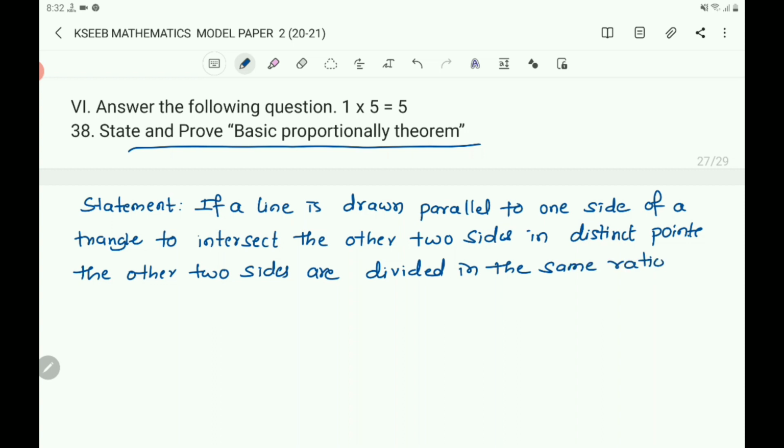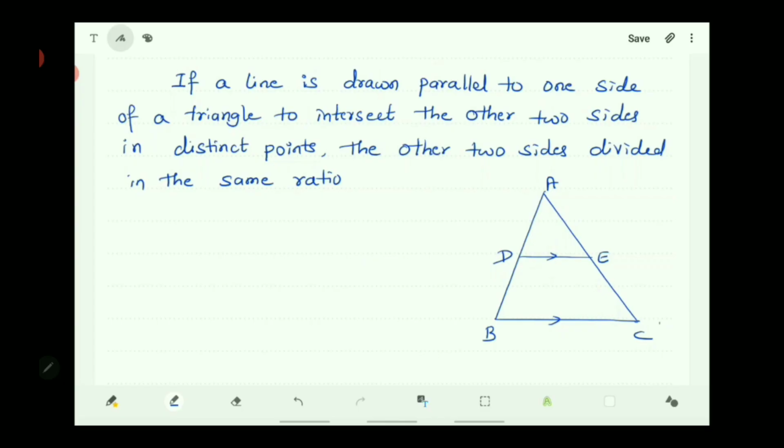This is the statement of the basic proportionality theorem, or it is also called Thales theorem.